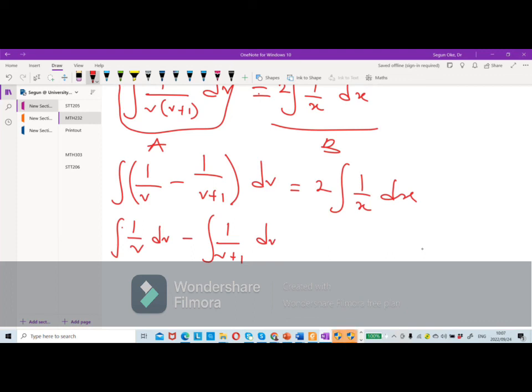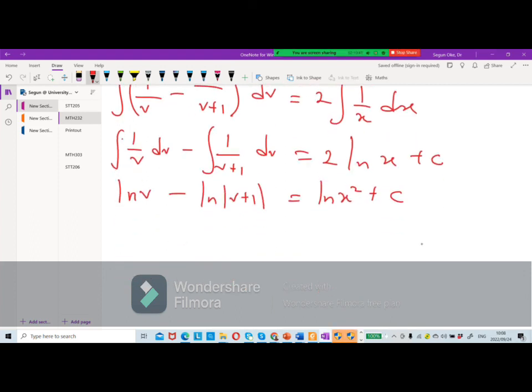So if I solve it very well, I'm going to have 2 ln s plus c, and this one will be ln v minus ln v plus 1 equals to, this one we carry the negative, we carry the 2, we have ln s squared plus c.